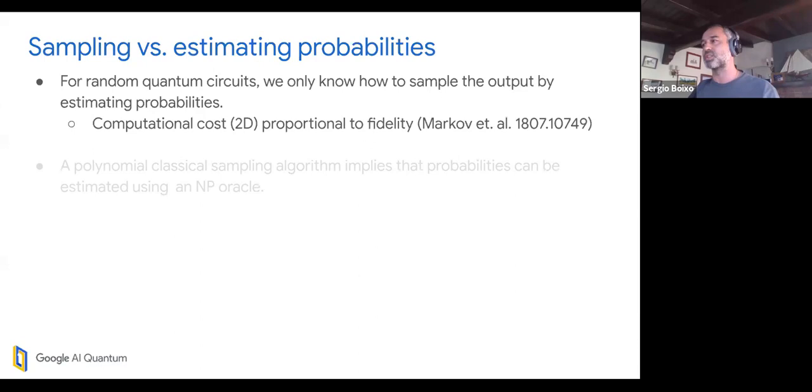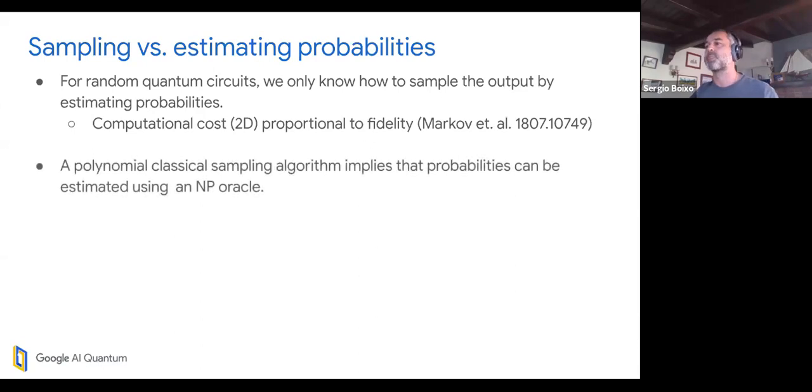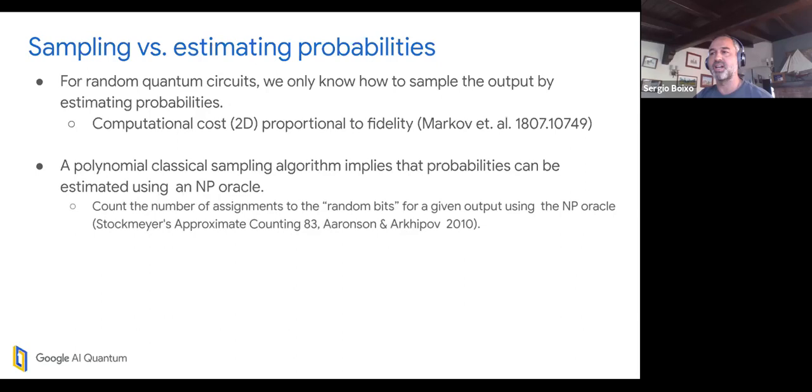And it turns out that if you were to have a polynomial classical sampling algorithm, then you could estimate probabilities efficiently using an NP oracle. How this works is basically using a well-known result in classical complexity theory, which is called Stockmeyer's approximate counting.